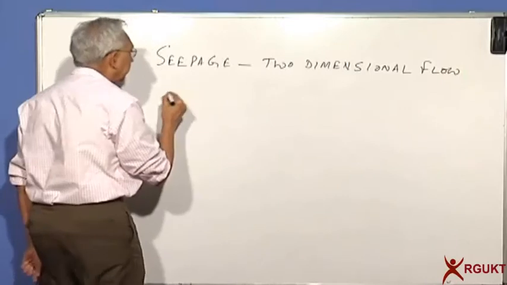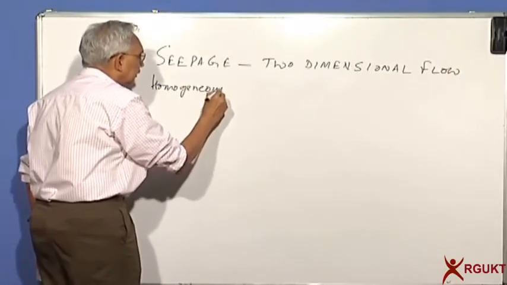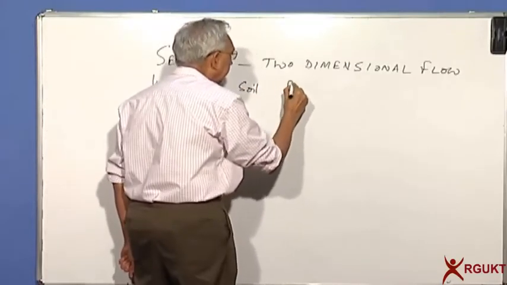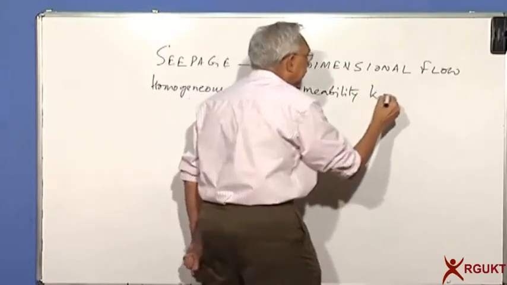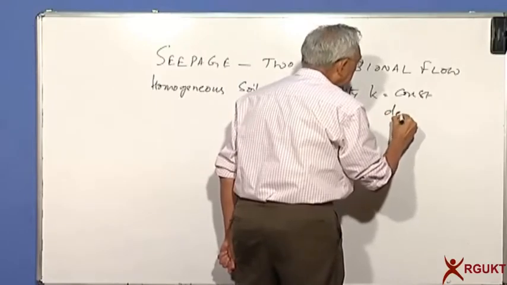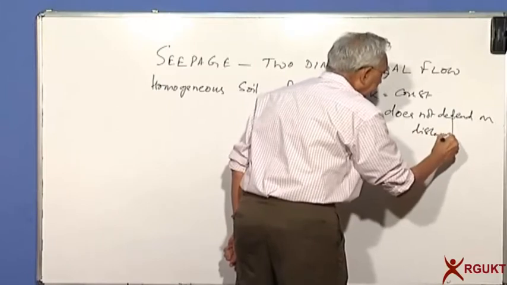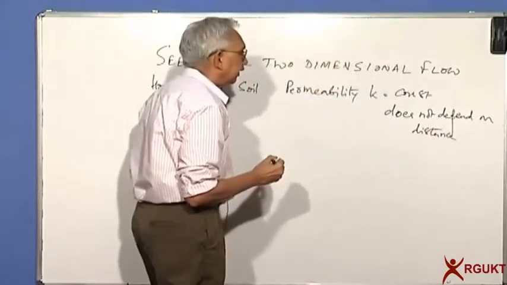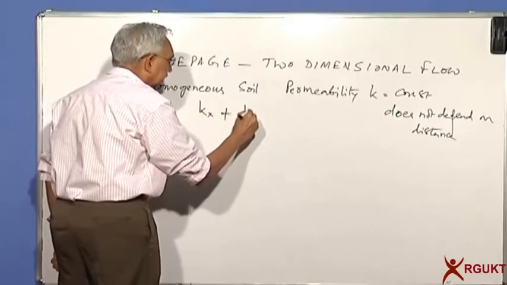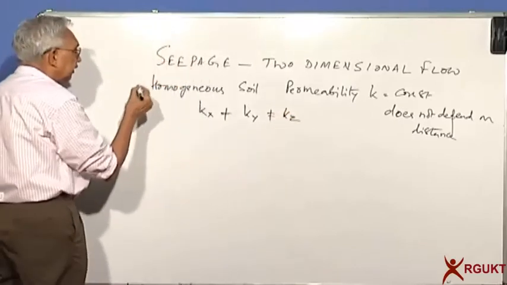We derived the governing equation for what we call homogeneous soil, which means permeability K is constant, does not depend on distance, whether it's the x, y or z coordinate, but K need not be the same in the three directions. So we derived it for the two-dimensional case.